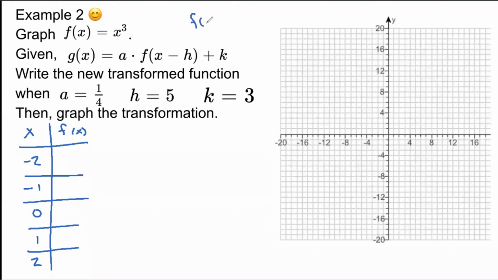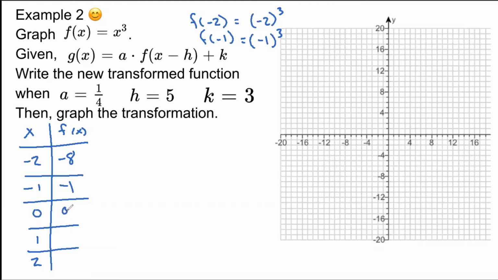If x is -2, -2 to the power of 3. Thank you, Ayla. -8. For the next one, -1 to the power of 3. This would be -1. Thank you, Luis. Katia, thank you.